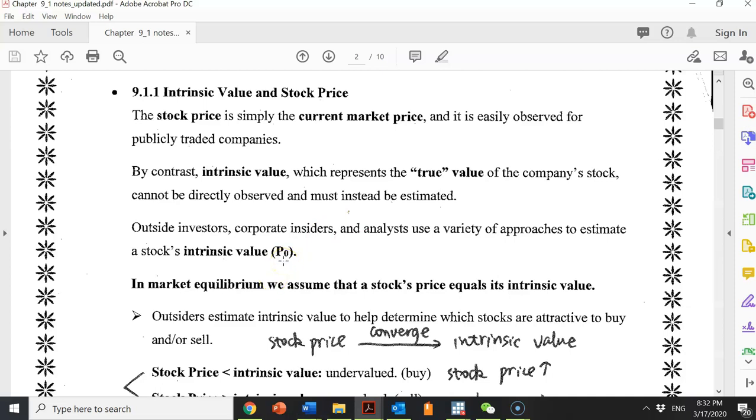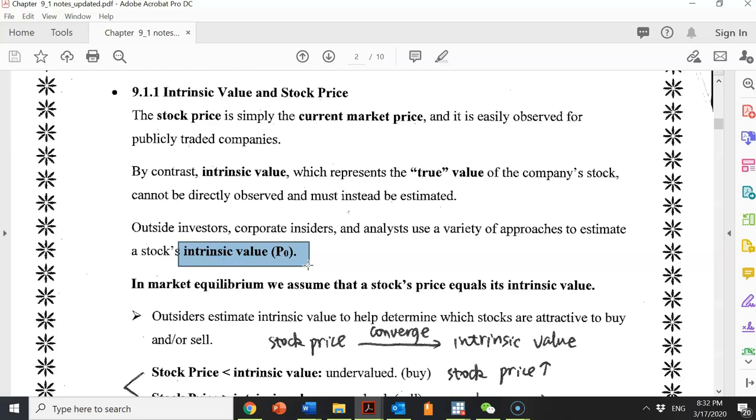We can use multiple models to estimate intrinsic value. And we're gonna introduce two of the most important models to estimate stock price in this chapter, which are the dividend discount model and corporate valuation model.